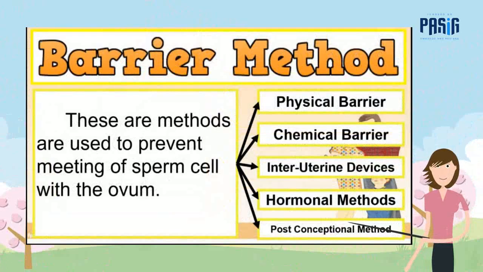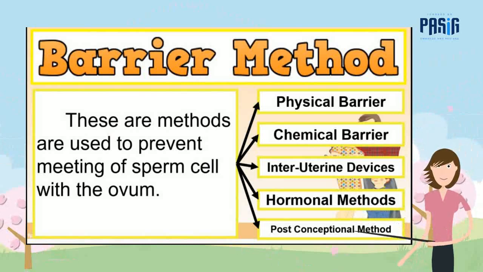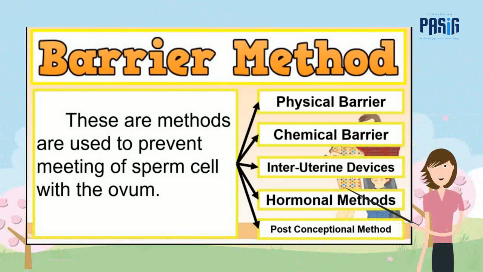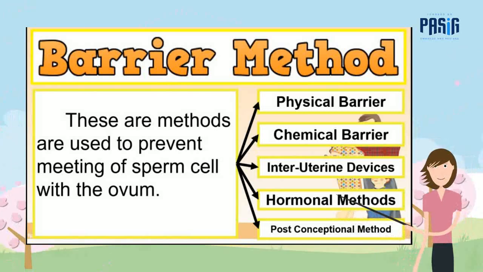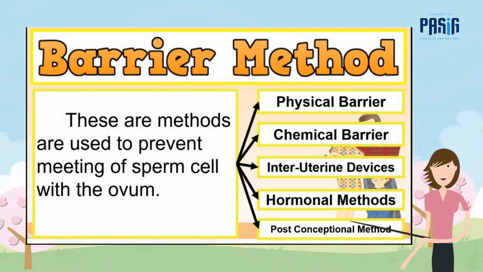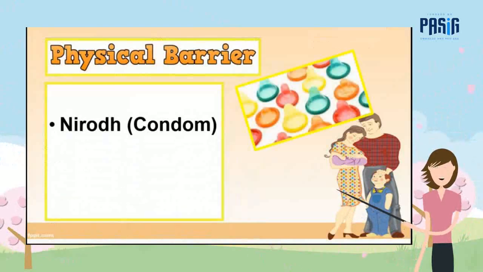Next is the barrier method. These are methods used to prevent the meeting of the sperm cell with the ovum. We have 5 categories: physical barrier, chemical barrier, IUD or intrauterine devices, hormonal methods, and post-conceptional methods. First, we have physical barrier. In this method, a condom is used.